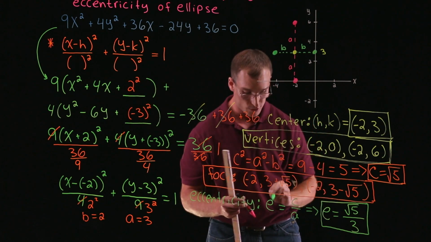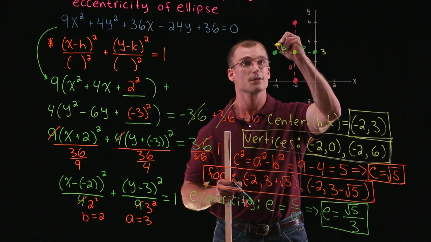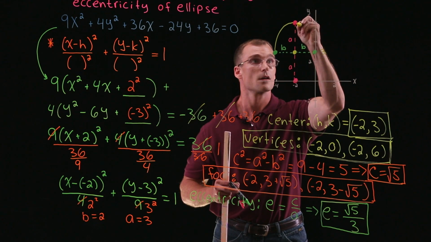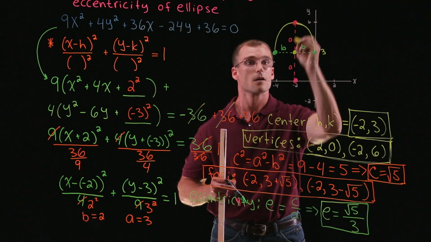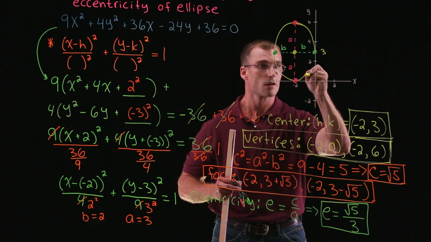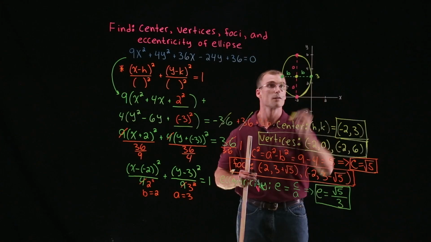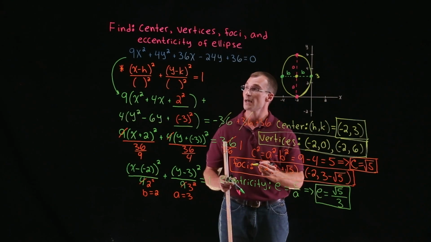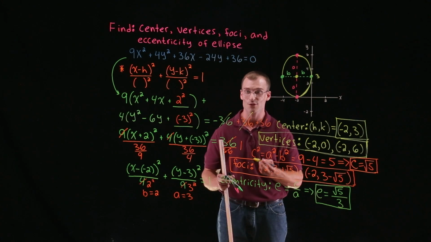Okay, and from that we can sketch in our ellipse, just connecting the points, going around as best we can. There we have it. So there's a sketch of our ellipse with our original equation, 9x squared plus 4y squared plus 36x minus 24y plus 36 equals 0.